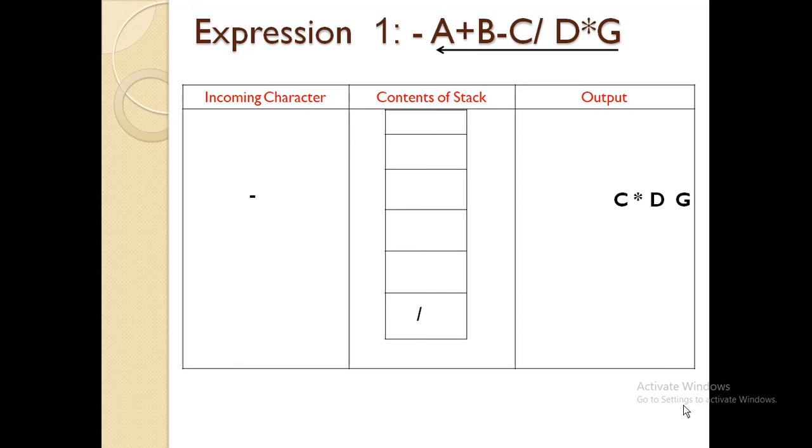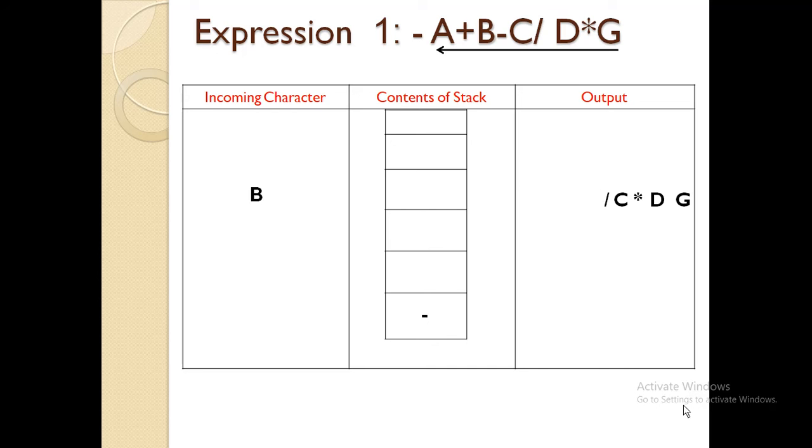After that, subtraction. Now compare the priority of subtraction and division. Division has higher priority and subtraction has lower priority. So a lower priority operator cannot be pushed on top of the stack. So division comes out of the stack and subtraction is pushed onto the stack.